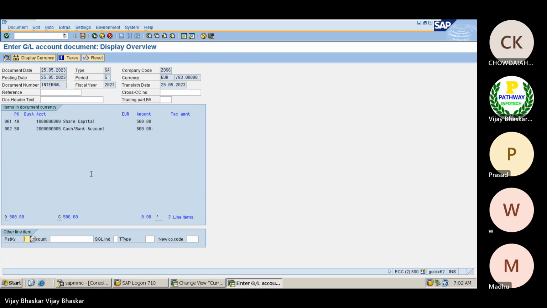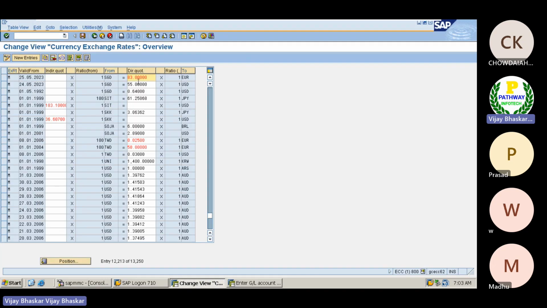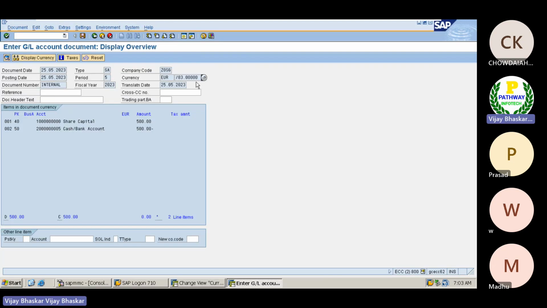Now you can see here, just observe at header level, the system has derived the exchange rate 83. Since the transaction we want to post is in EUR, how should the system know this is the exchange rate available in the system as on date? Because for the exchange rate we have maintained in the system, we have given today's date as the validity. That is the reason the system is picking this exchange rate and updating it here.